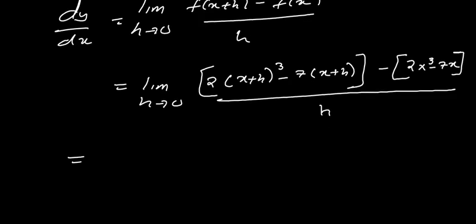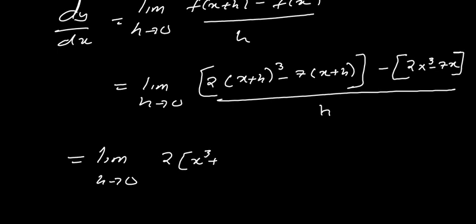Then from here, we'll say the limit as h approaches 0. When you expand, we're expanding this using your binomial, using Pascal's triangle.